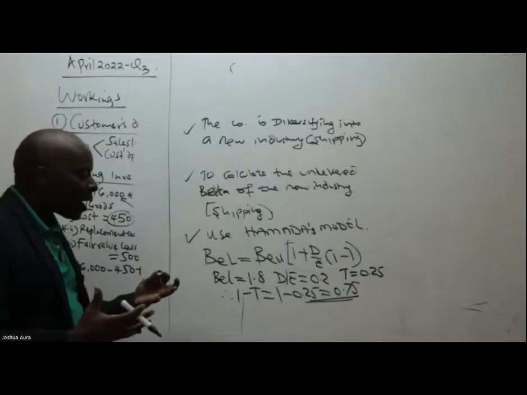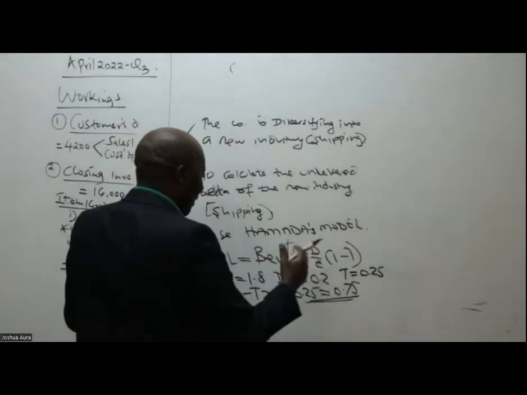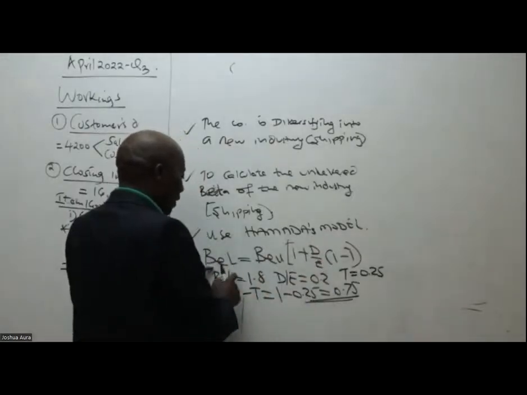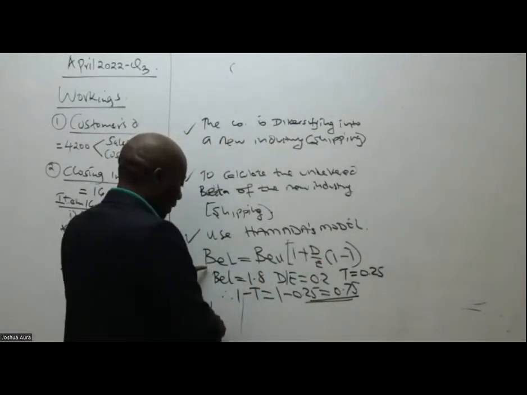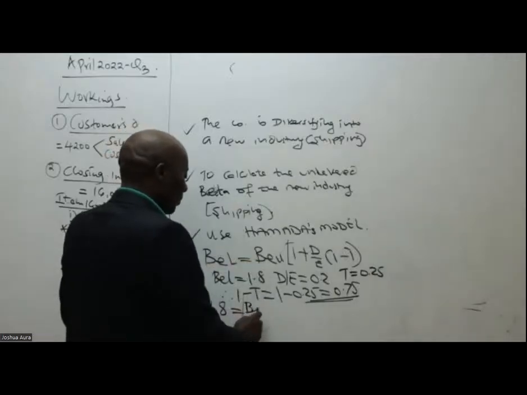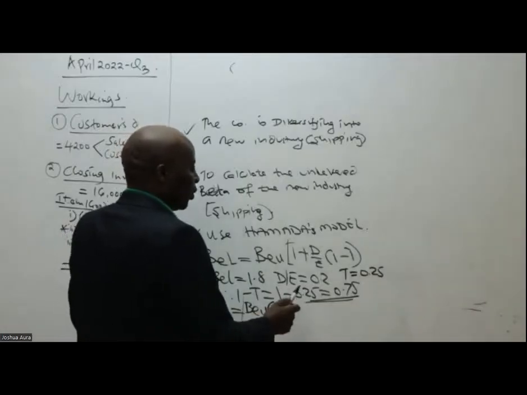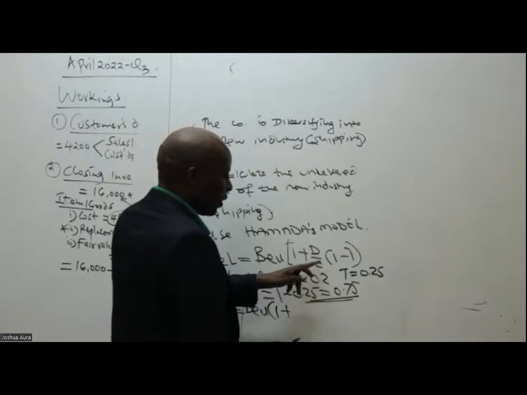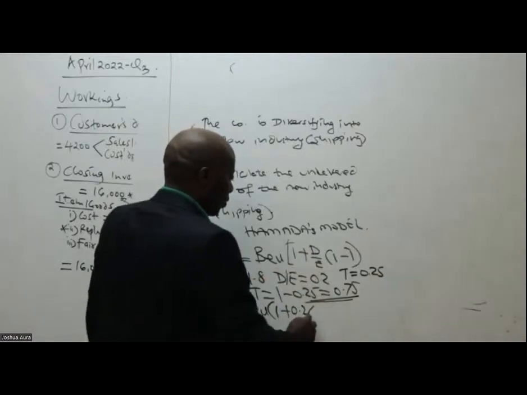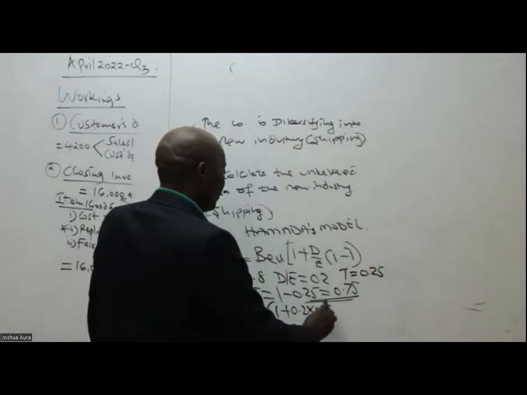Now, could you kindly plug in figures in this Hamada's model? So beta equity of a levered firm here will be 1.8, equals beta equity of unlevered into 1 plus debt to equity, which is 0.2, multiplied by 1 minus tax, which is 0.75.